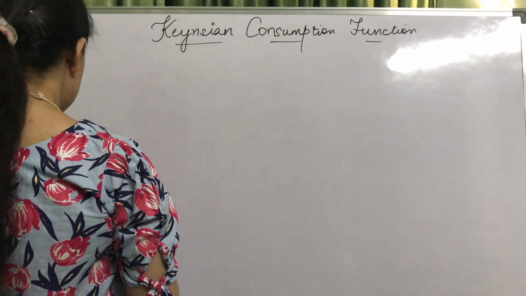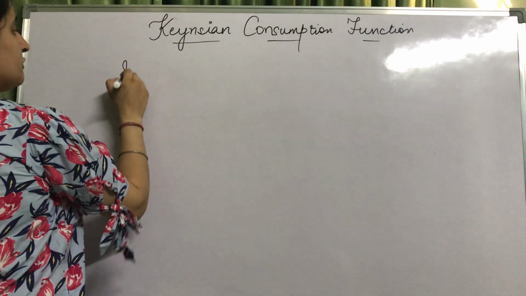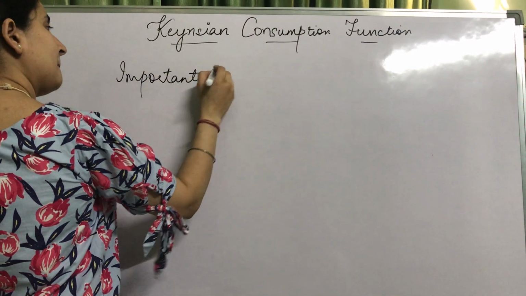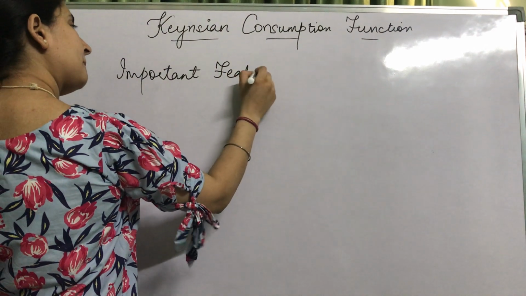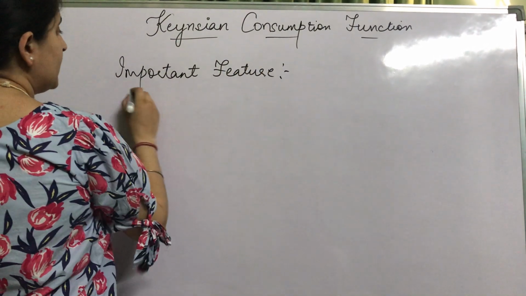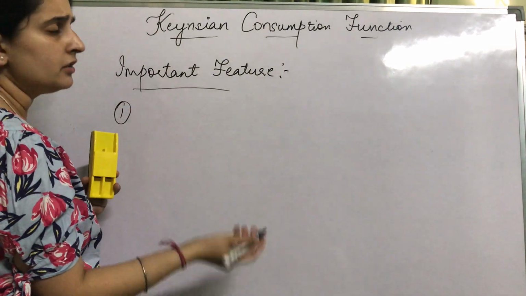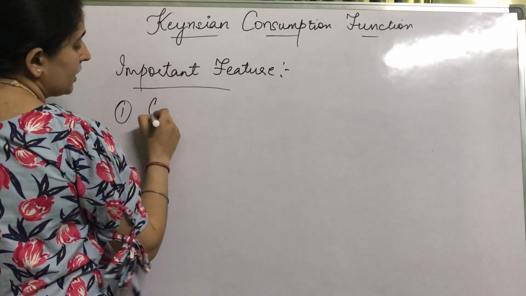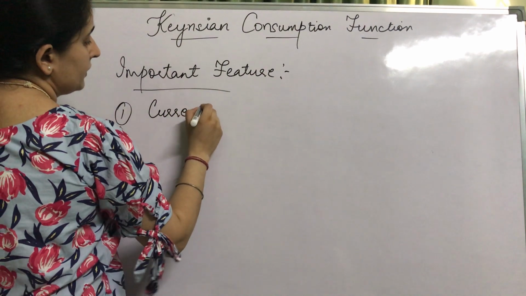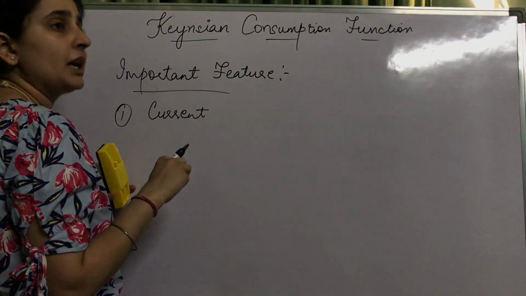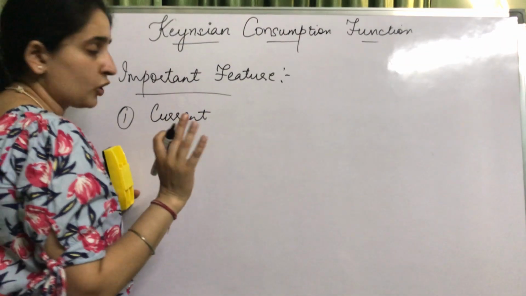Okay. Now, one very important feature that we need to discuss here. Keynes said that the most important factor that affects consumption is the current level of income. That is, whatever my current level of income is. If I'm talking about this month, whatever my income is in this month, that I'm talking about.